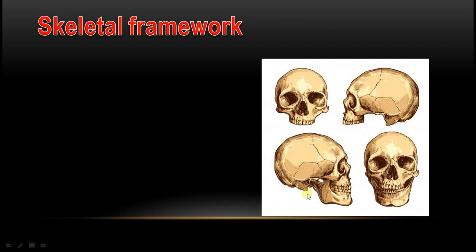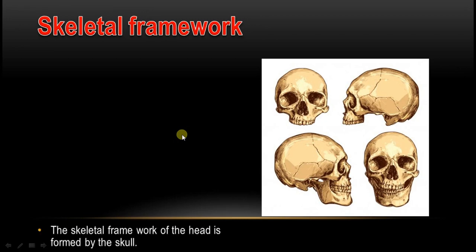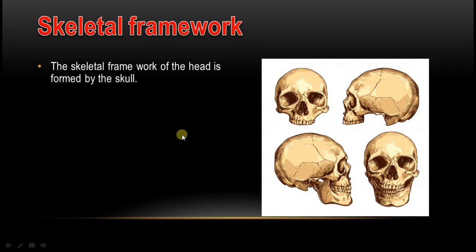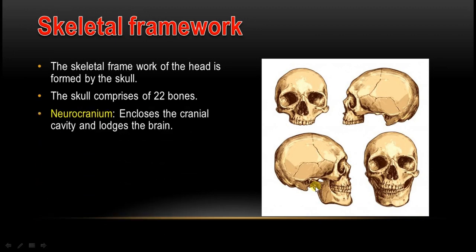Now, we all know that the skeletal framework of the head is mainly formed by the skull, and the skull can be broadly classified into two parts. One is the neurocranium and the other one is the viscerocranium. Put together, the neurocranium and the viscerocranium comprise 22 bones.